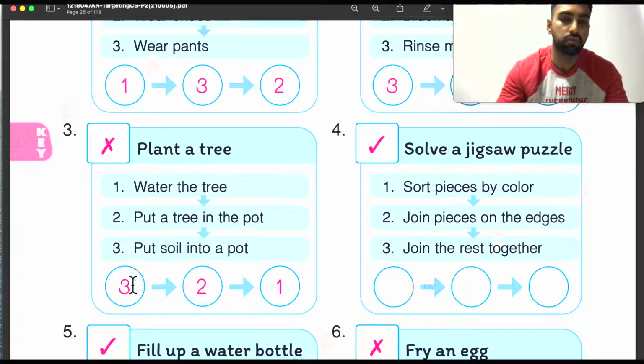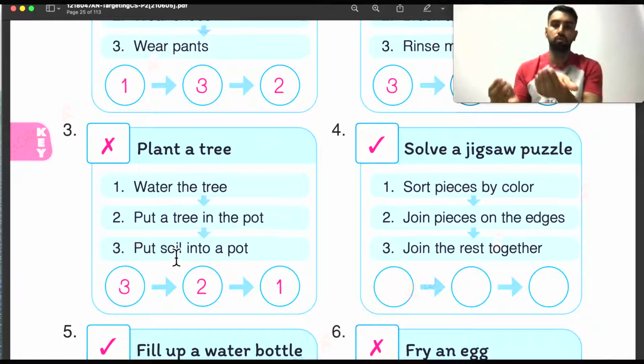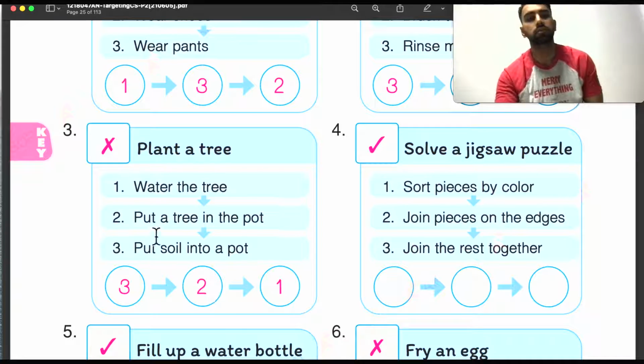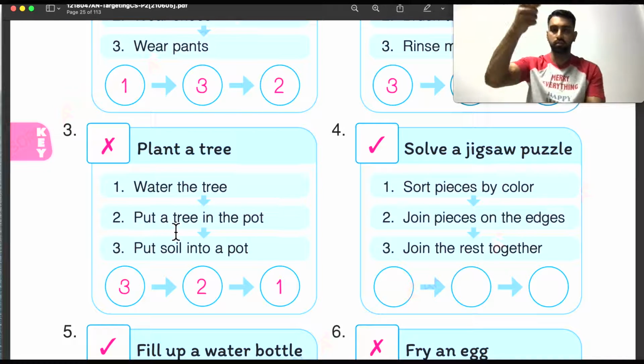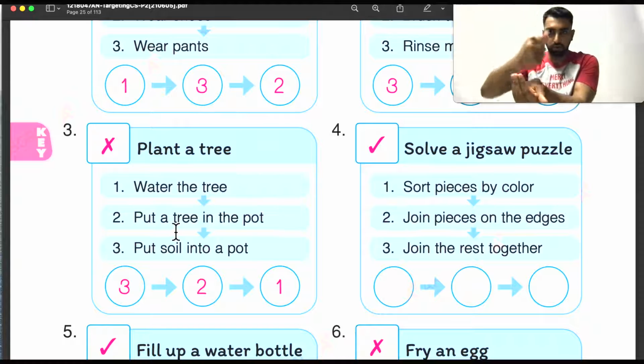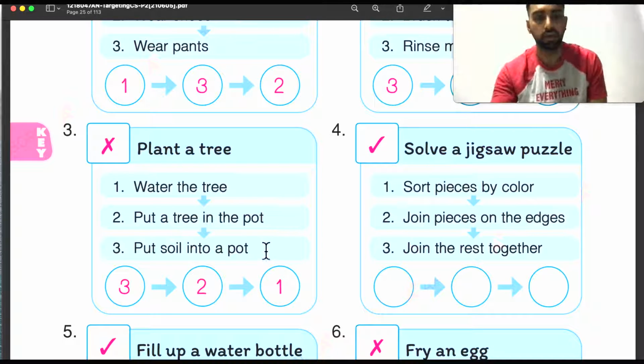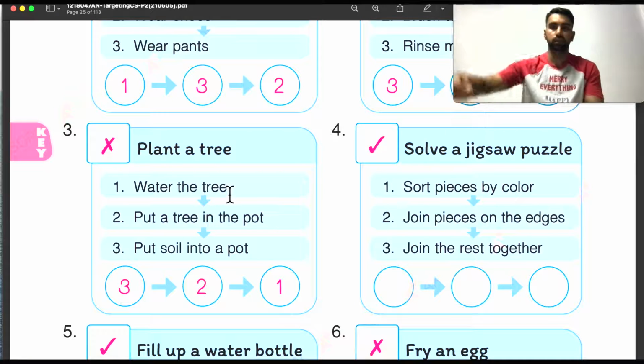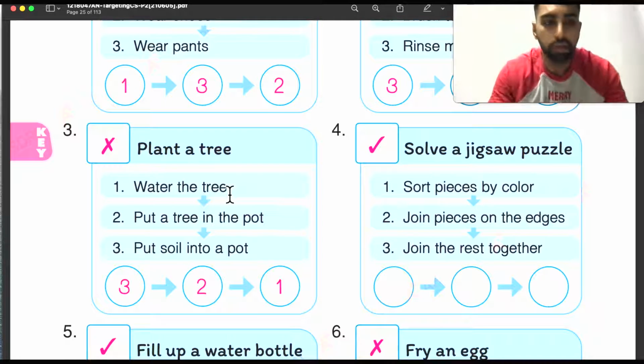First step is number 3, put soil into pot. Number 2, put a tree into the pot, and then you have to put it on here. And number 1 is the last one, give water to the tree.